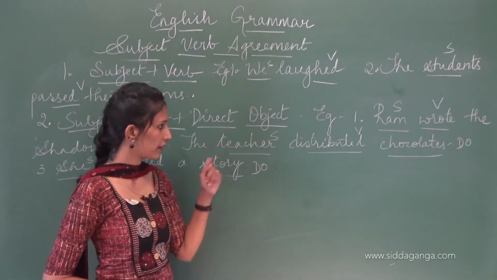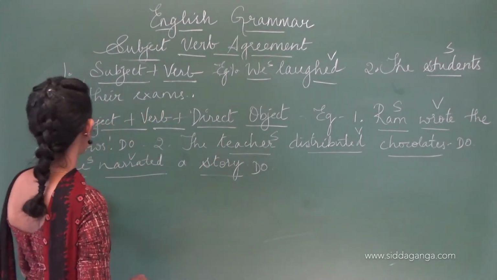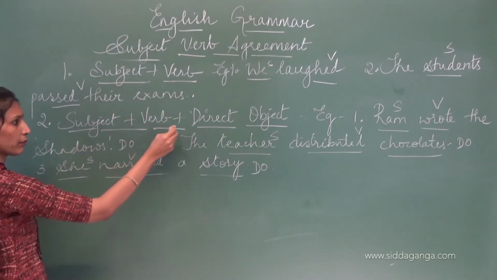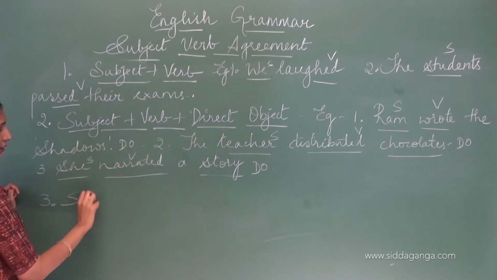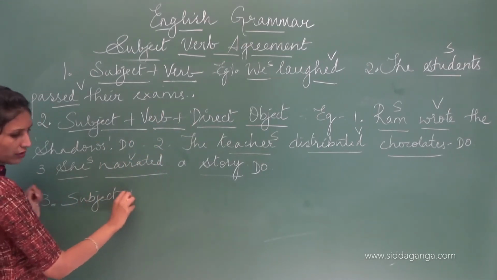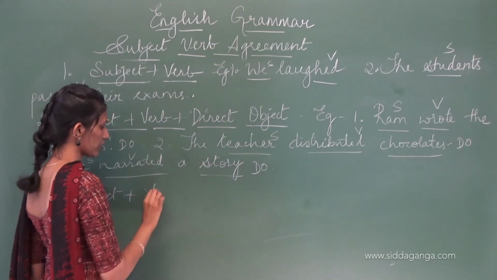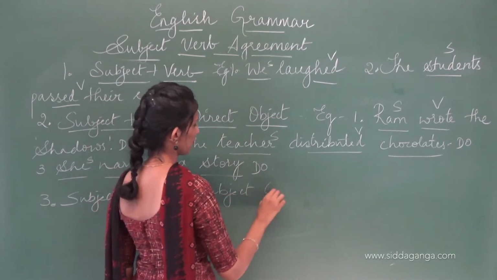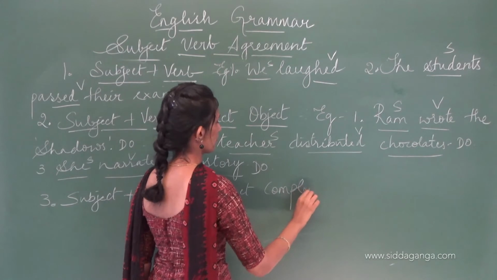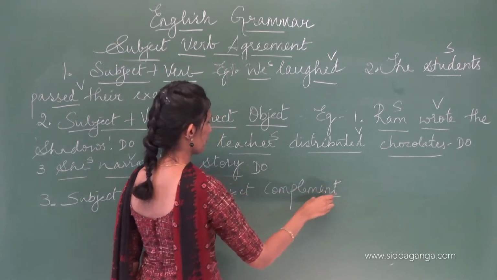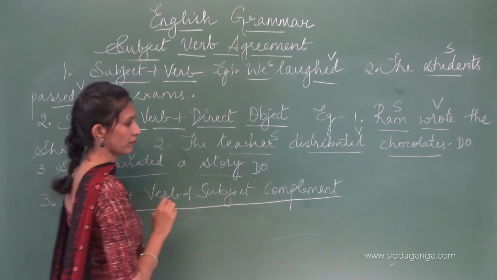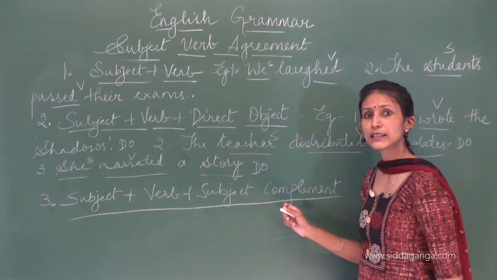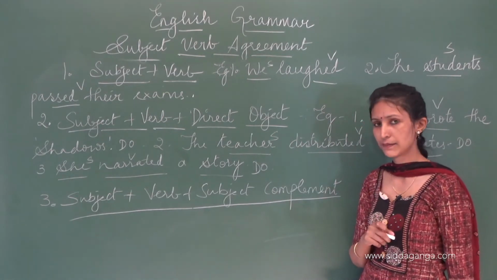All right. The third one is, first is subject plus verb, next is subject plus verb plus direct object, next is subject plus verb plus subject complement.